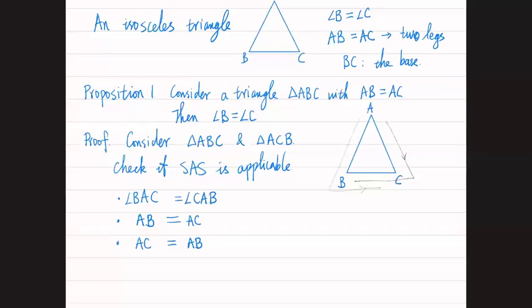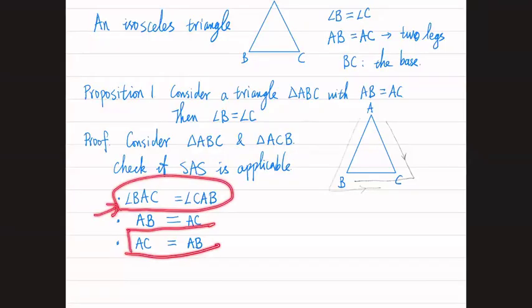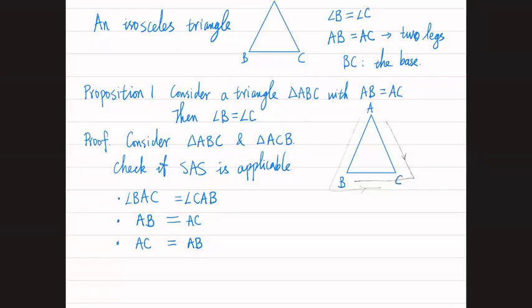Okay, so a pair of triangles, ABC, ACB, have a pair of angles with the same measure, and the adjacent sides the same length. So we can apply the SAS theorem.